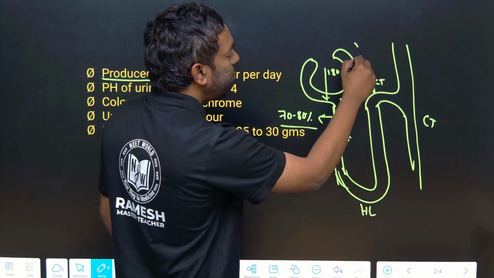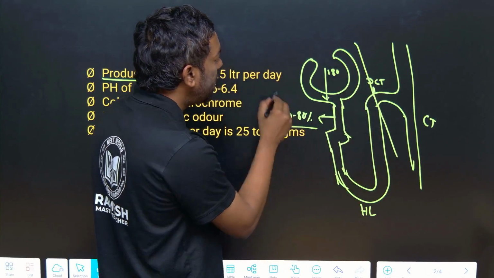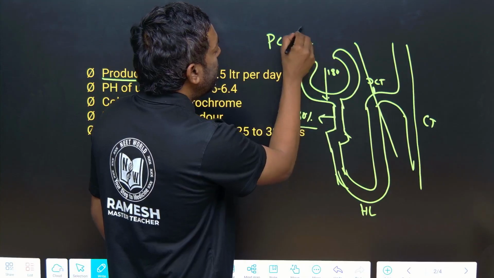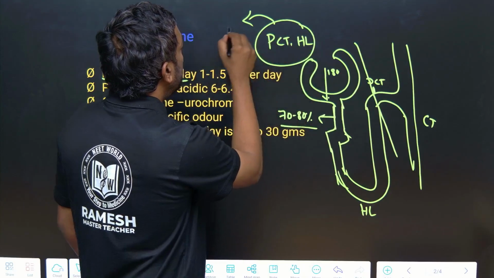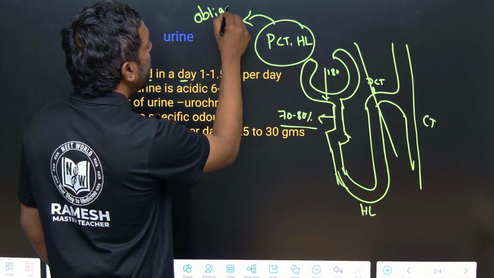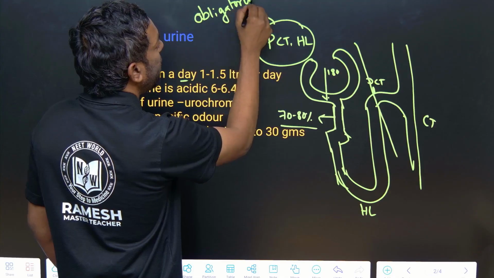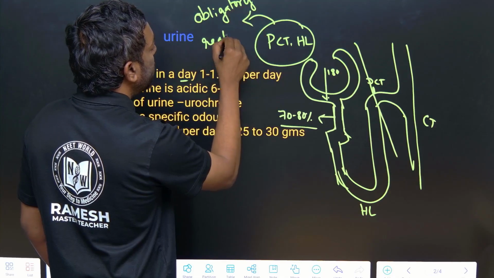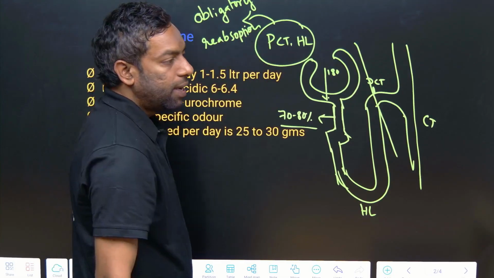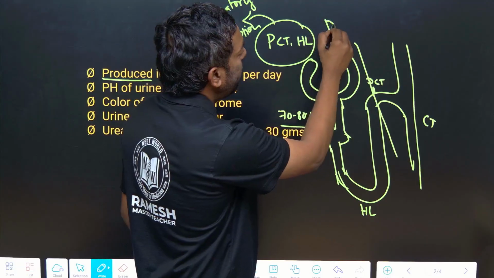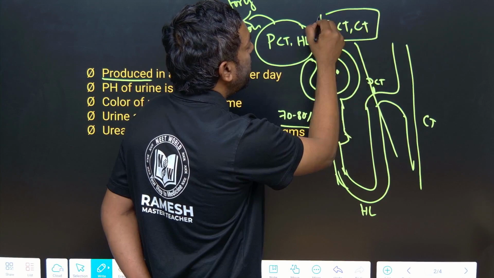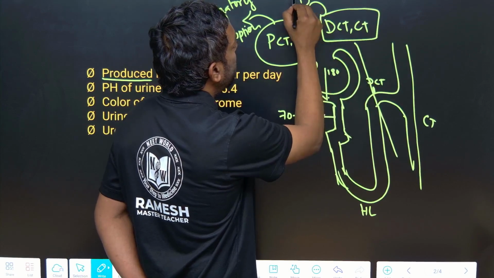In the PCT and Henle loop, obligatory reabsorption is going to take place. In the DCT and collecting duct, facultative reabsorption is going to take place.